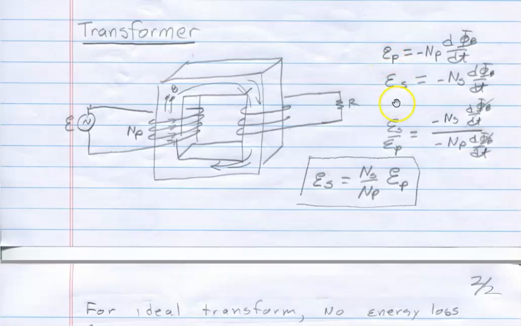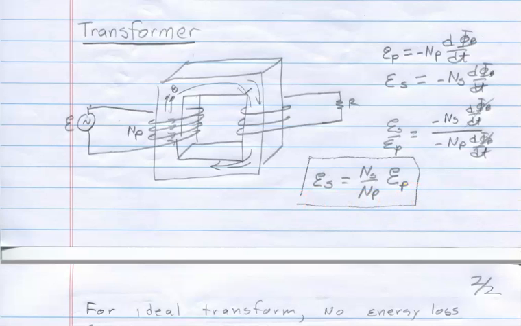And so I just take the ratio of these two, E sub S over E sub P, and that just becomes N sub S times this derivative, negative, over minus N sub P times this one. And it's the same flux, so the time rate of change of those is the same. Negative signs go out, and you get that ratio is really equal to NS over NP, or the secondary voltage, EMF, is the same as this ratio N sub S to N sub P times the primary voltage.